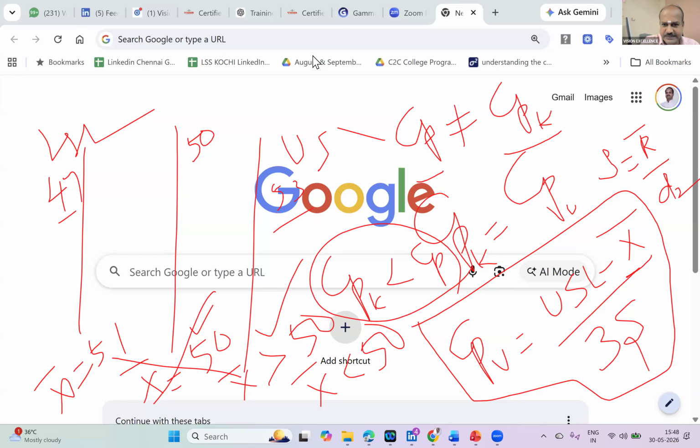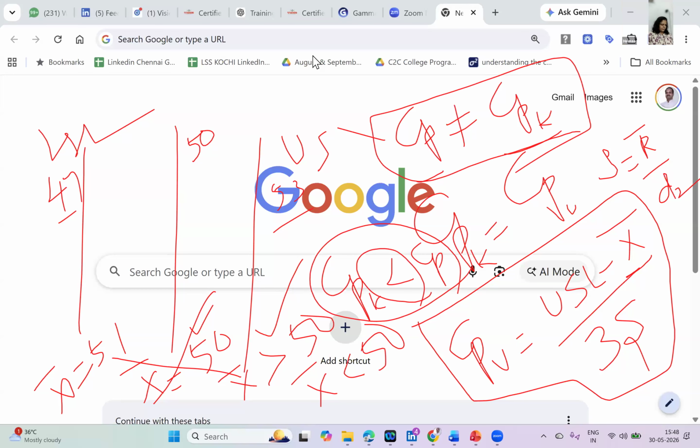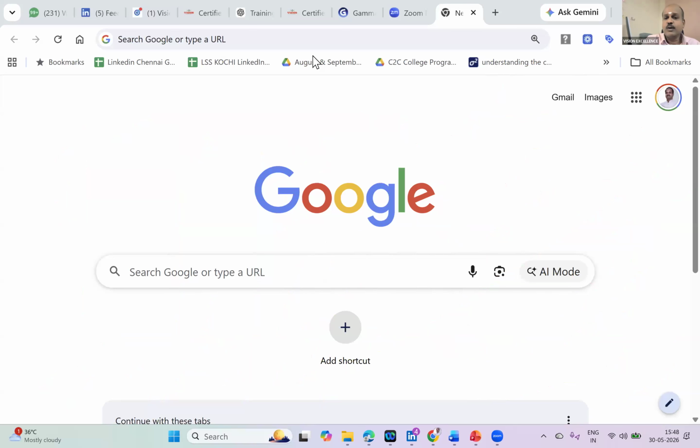But if you want to generically say, you can say they are not equal. If you want to specifically mention the relationship, then you should use the lesser than symbol. Are you with me, all of you? Yes, sir. Clear? Okay. Now I am telling you X bar equal to 49 point.